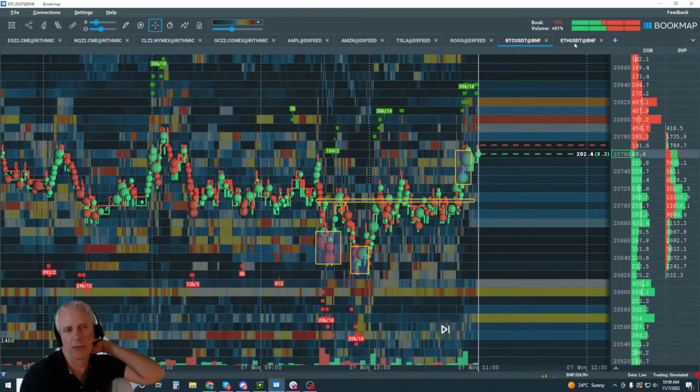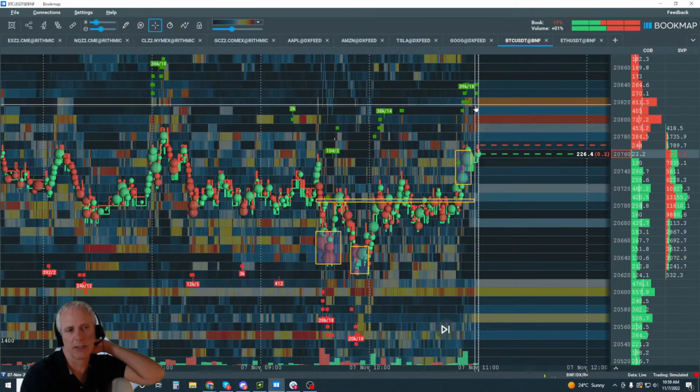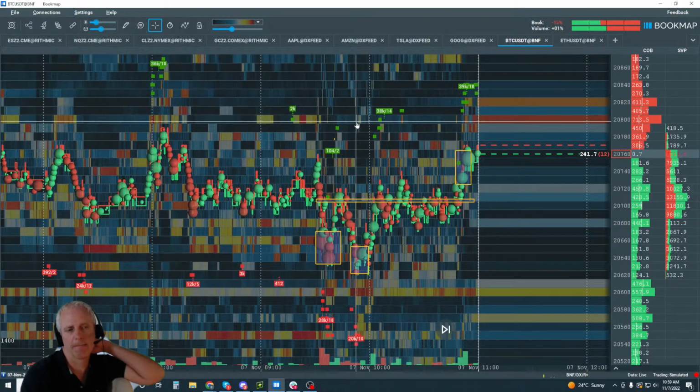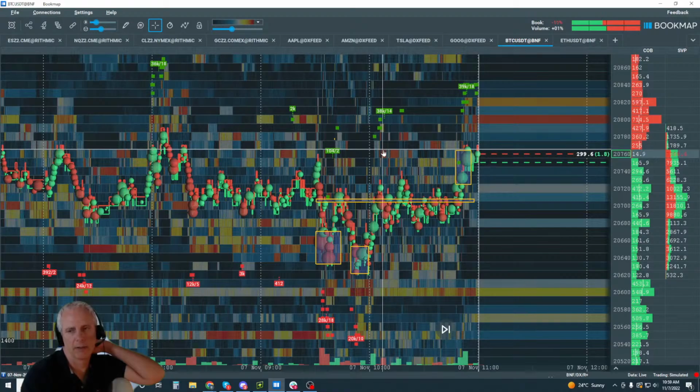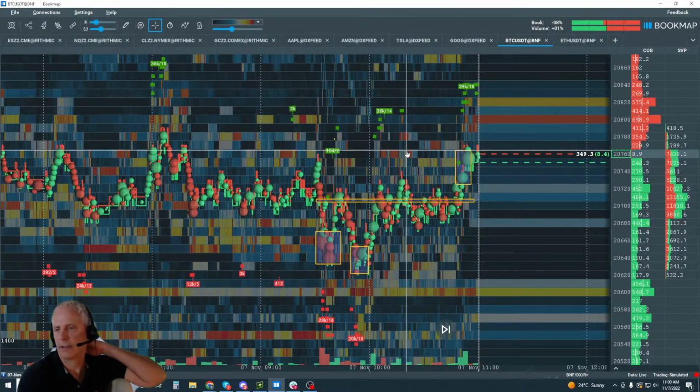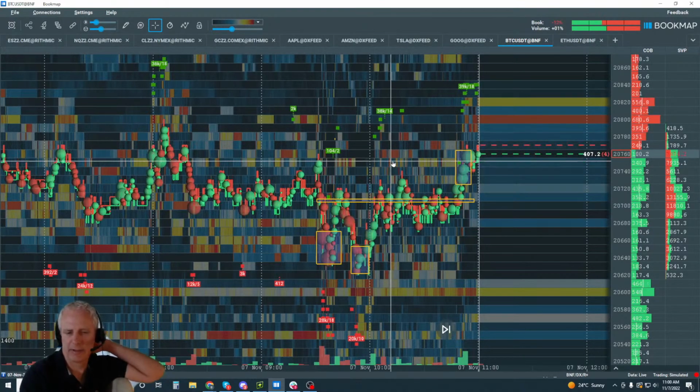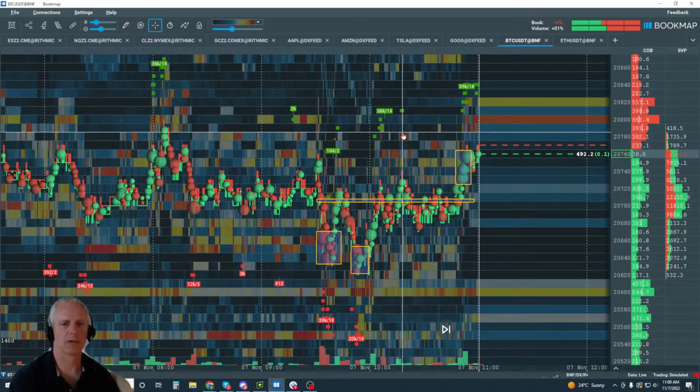In 7.4, it will show it for multi-book products as well as the historical. And in Bookmap Web, you can go back like a month and look at all the data. That will be released later this week.